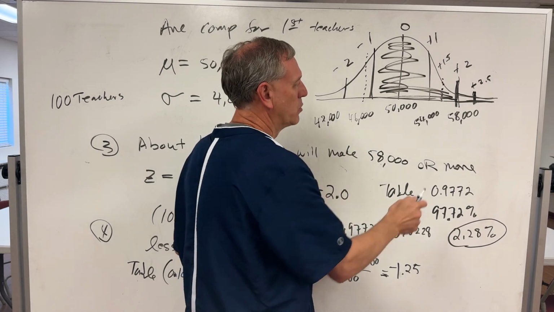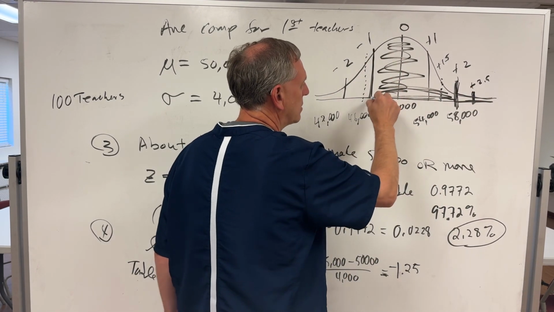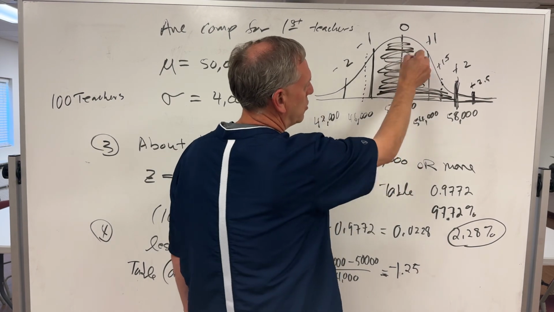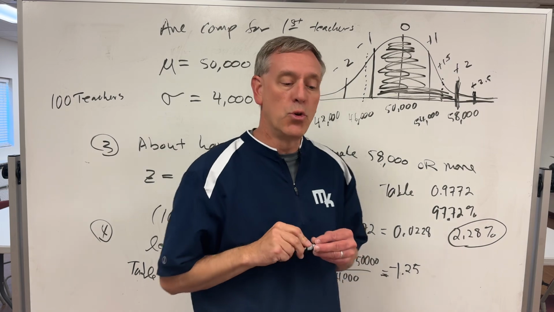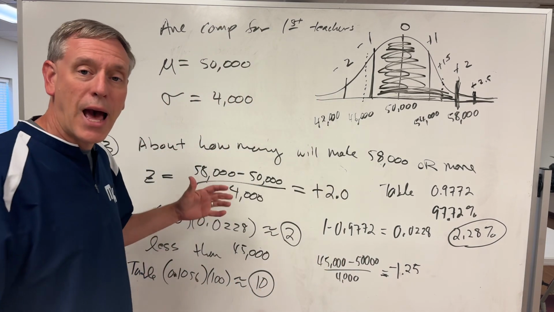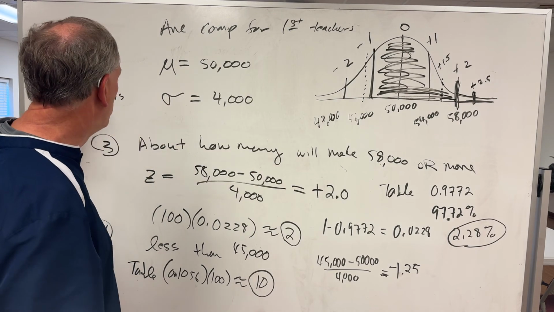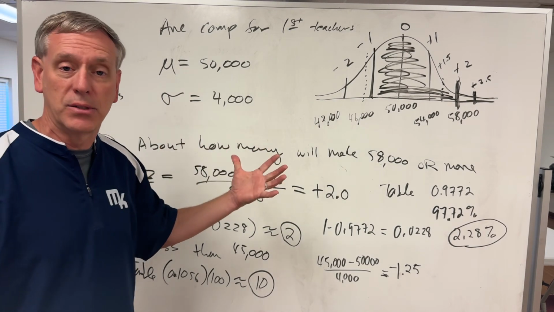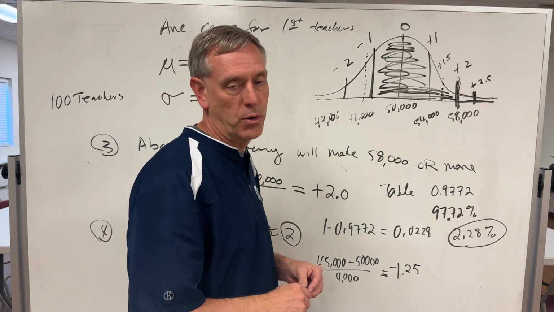And the answer there is we're going to pull from this one, and then we're going to subtract this to get the difference between the two. And I'll show you that method on Monday in person, but you do need to know how to do these 4 types of problems I showed you today, how to find the probability, and then how to apply it to a sample data set of like 100 teachers or 1,000 teachers or whatever the question might be.